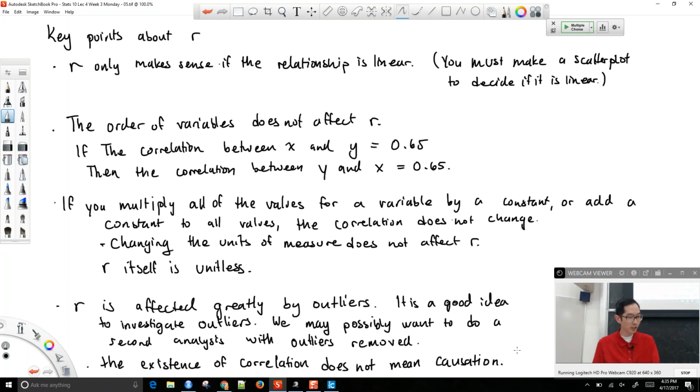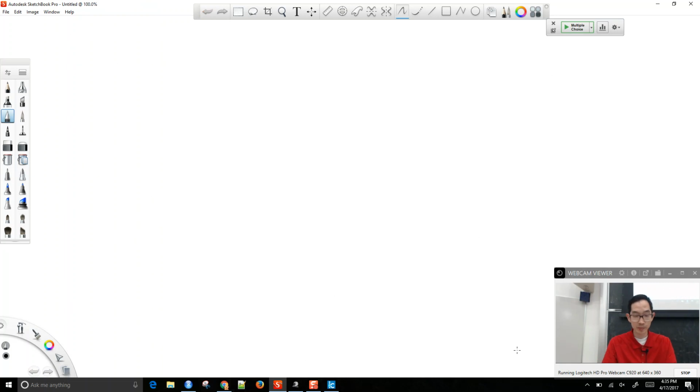Let's try another clicker question here. Okay. So let's say you have gathered some data, two numeric variables, and you do a calculation.